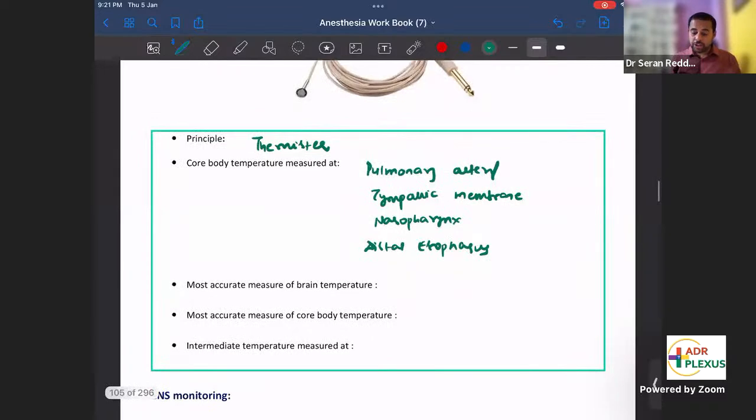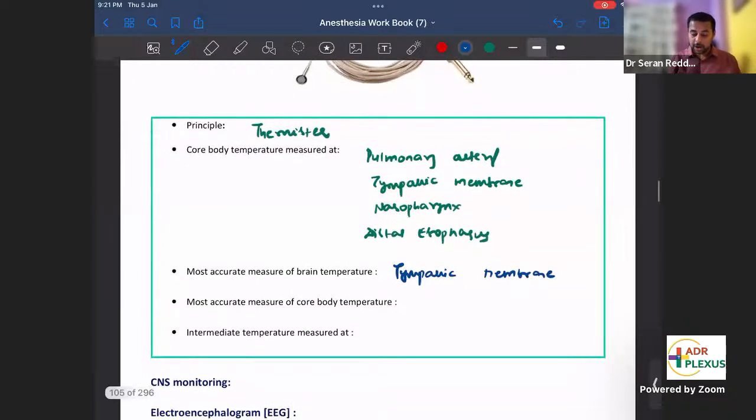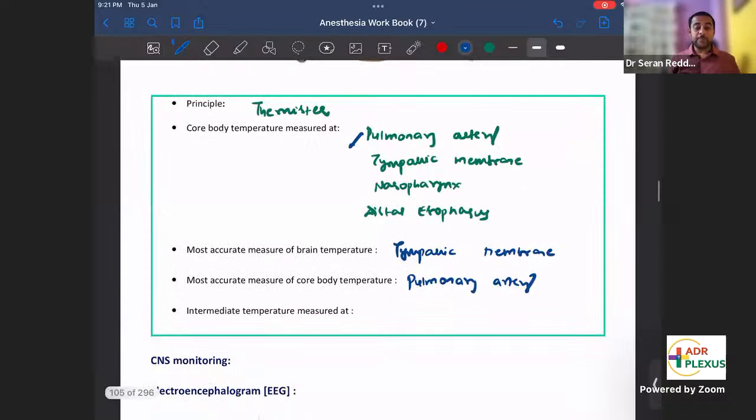The most accurate measure of brain temperature is at the tympanic membrane. If they ask the most accurate measure of core body temperature, it is the pulmonary artery. And intermediate temperature is best measured at the rectum.